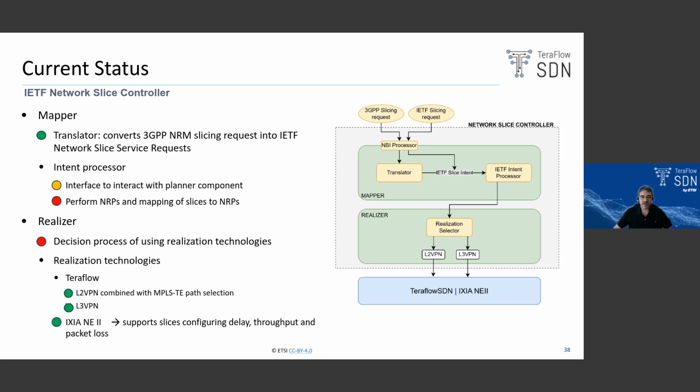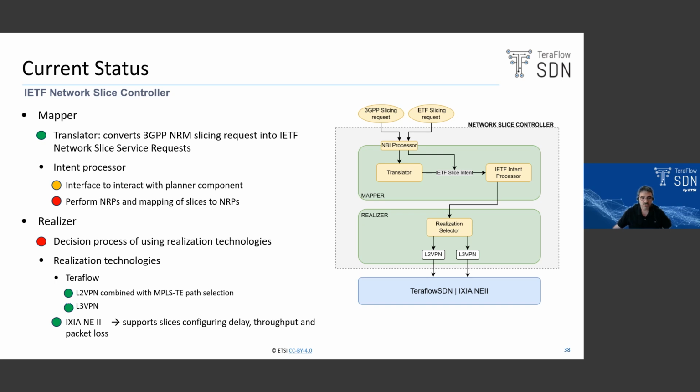In terms of the realizer, what is pending is implementing smart decision strategies to properly select which realization technology needs to be used in each case. This is somehow hard-coded for now. It's something that was addressed in the last hackfest, but there is still work to be done here.